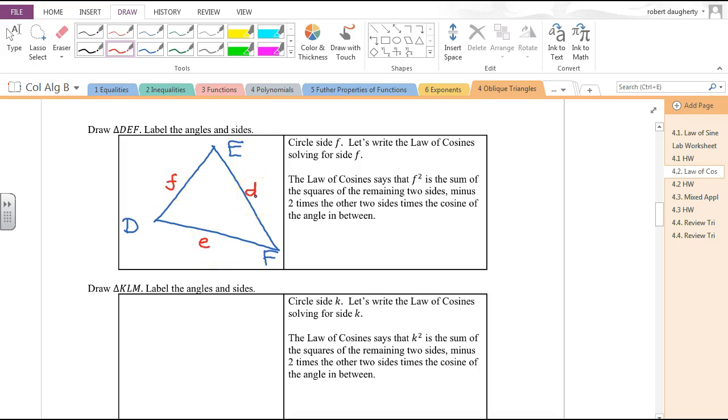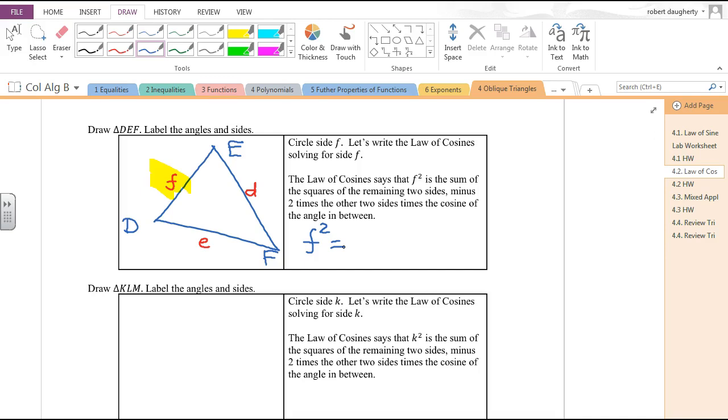Let's solve using the law of cosine for side F. If I'm solving for F, according to the law of cosine, F squared is equal to the sum of the squares of the other two sides. What are those?